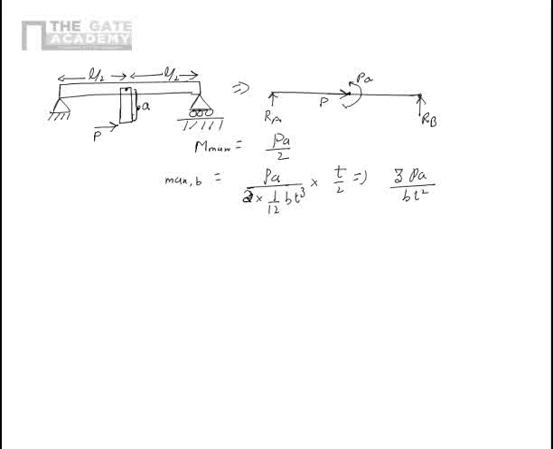Now this maximum bending stress is occurring at this point. Is it right? No. This maximum bending stress is acting at this point actually. Sorry. At this point there is no bending moment. It's the maximum bending stress at this point. So at this point, if I again take the case, I have the beam which bends like that.